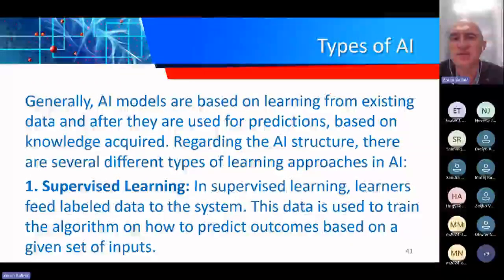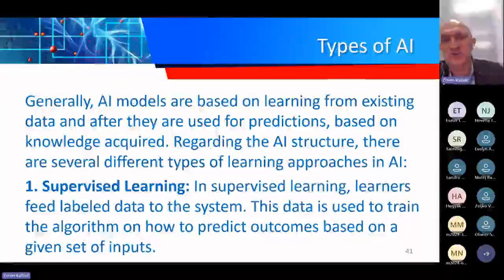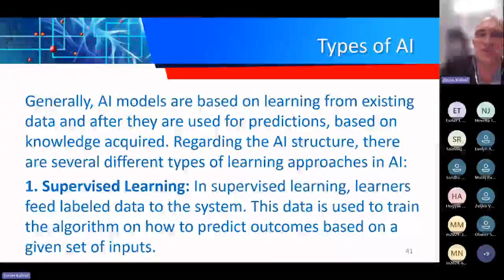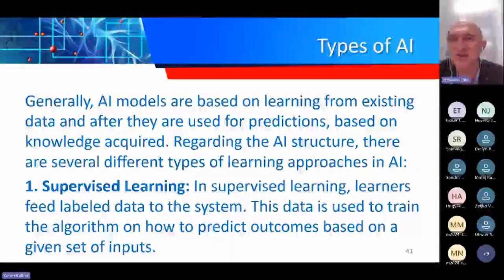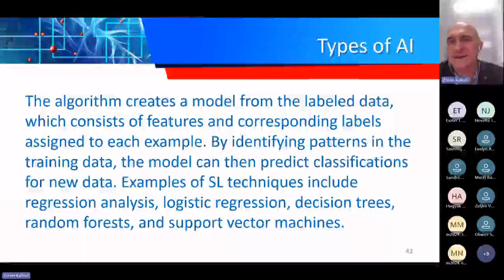So when you enter the characteristics of some new apartment unknown to the algorithm, you can get a prediction of how much the algorithm thinks this apartment should be priced. So generally, it tries to identify patterns in training data, so it can be used later on for data that was not used for training.